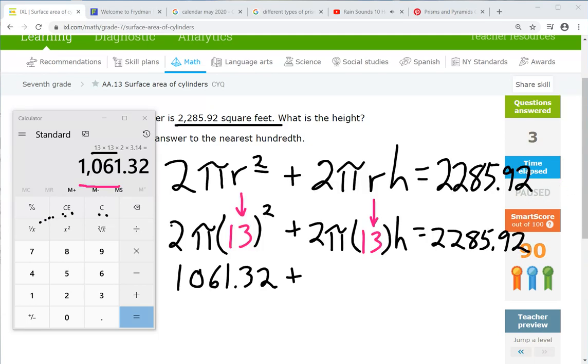Okay, I got it back. That's not what I wanted to erase. This is what I wanted to erase. Again, I'm doing it the long way. I could have just taken that answer and divided it by 13, but I'll just do it the long way again. So 2 times pi times 13. It really doesn't matter what order we multiply in. So there's my pi, 3.14, times 13 equals 81.64.